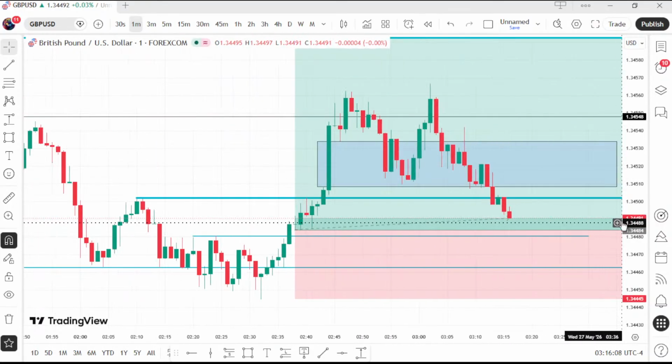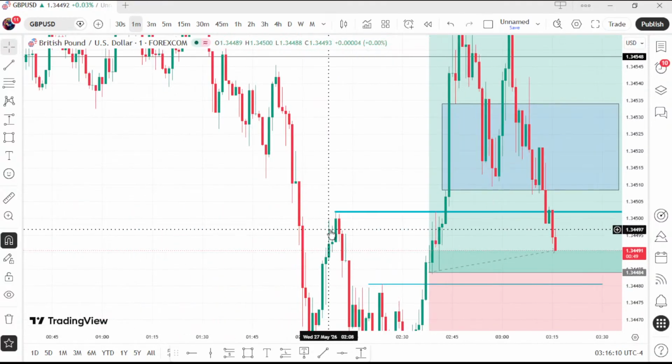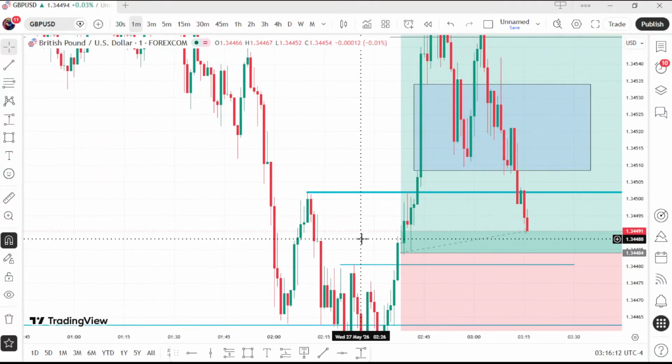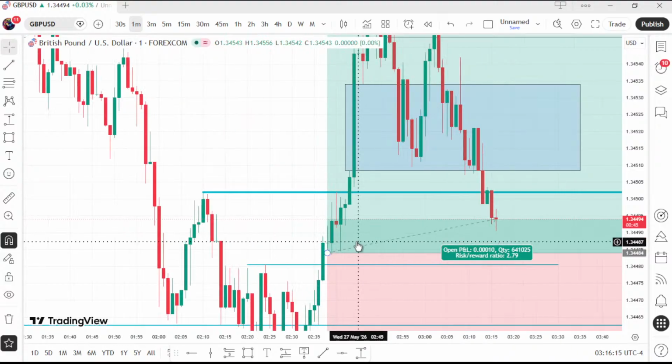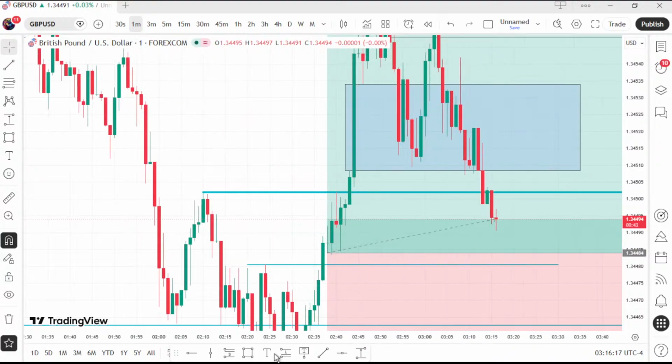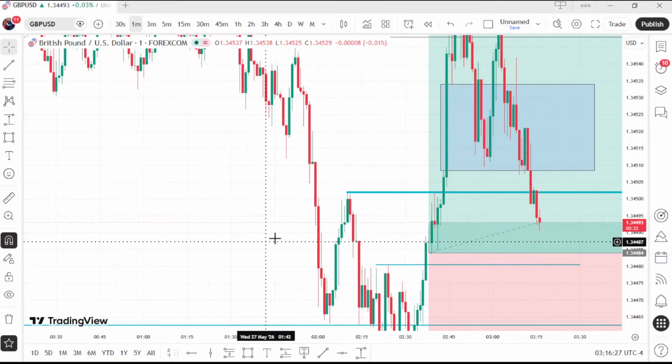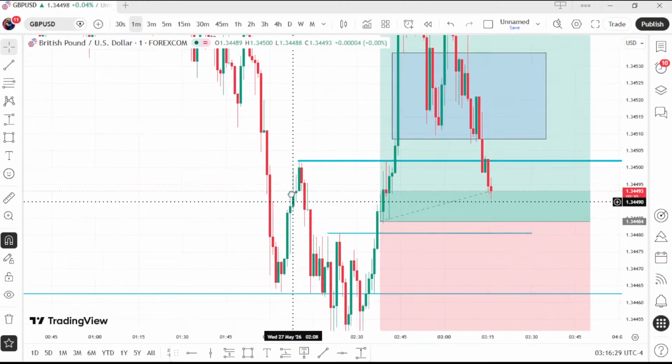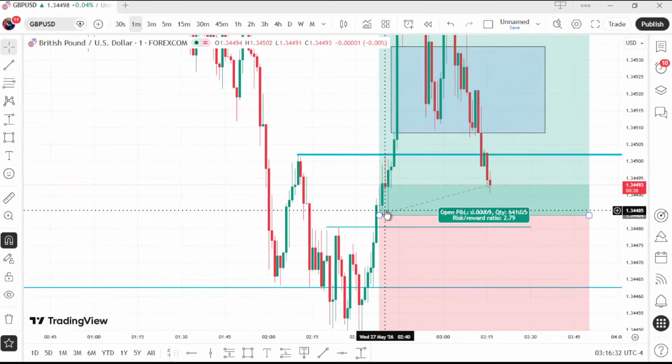Yep, it has disrespected that fair value gap. It has disrespected that order block, meaning that we are offside of the market. Yes, here was our entry.